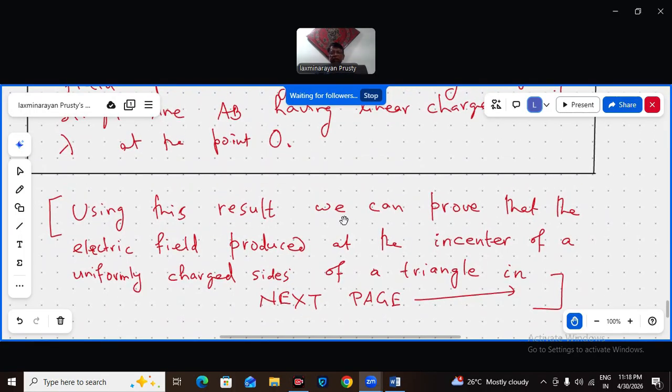So using this result, we can prove that the electric field produced at the incenter of a uniformly charged triangle, along its sides, is 0.